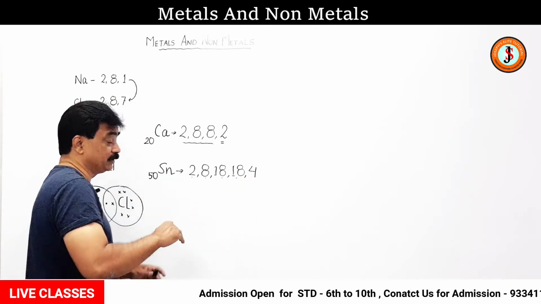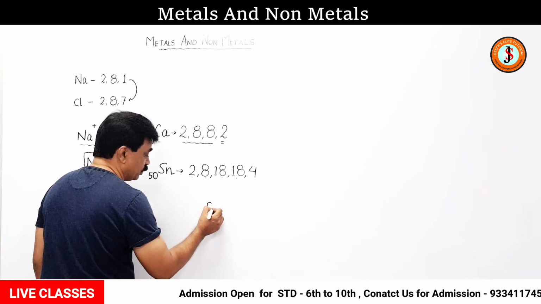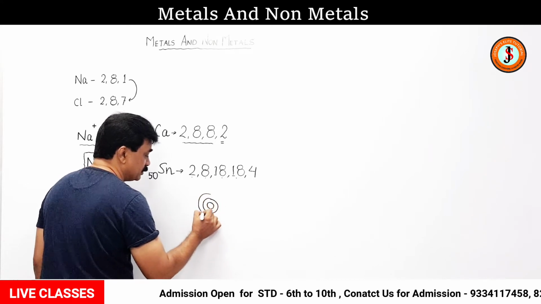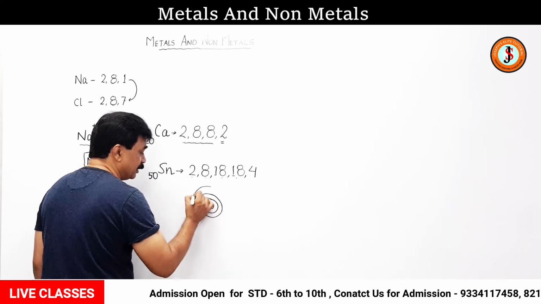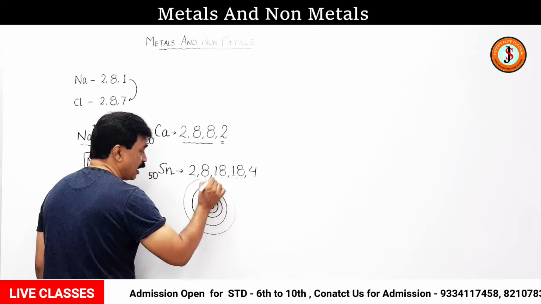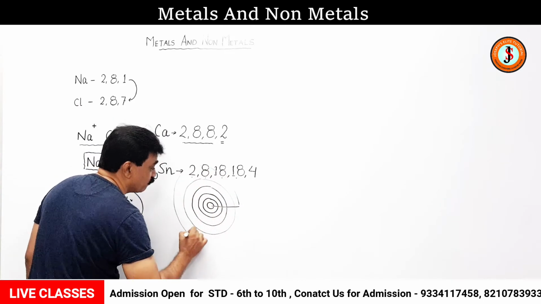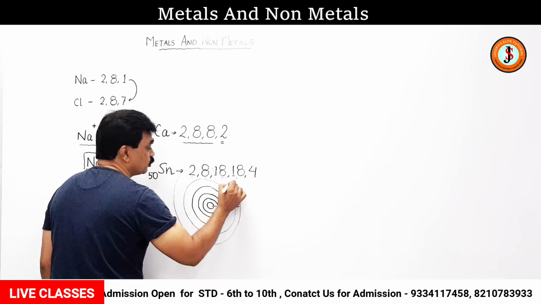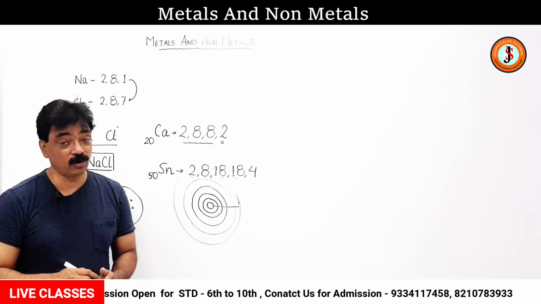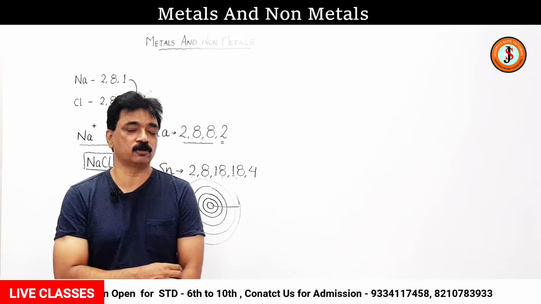The tin atom is a very big atom with the nucleus here, then the first orbit containing 2 electrons, second 8, third 18, fourth 18, and then you move to the last orbit. The last orbit is very far, and therefore the electrons are very far from the nucleus, so even 4 electrons can be readily lost. Therefore larger metal atoms may contain 4 electrons.